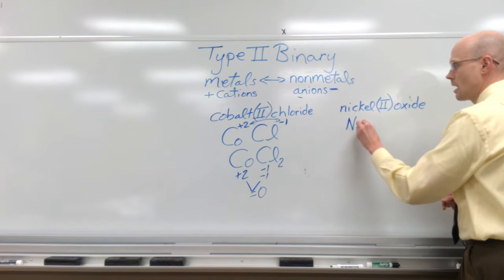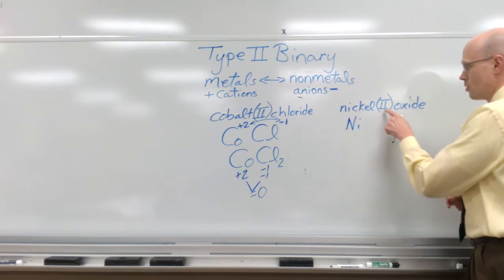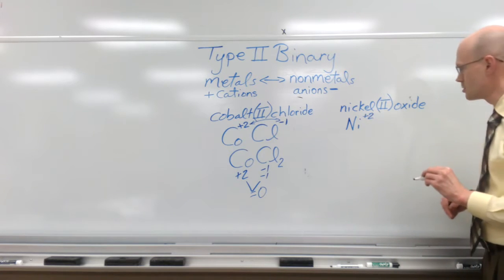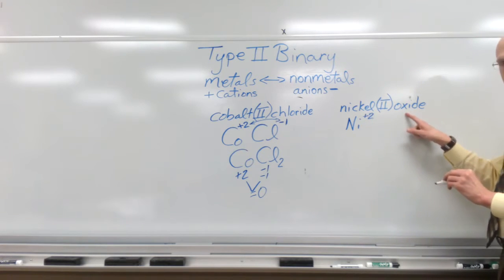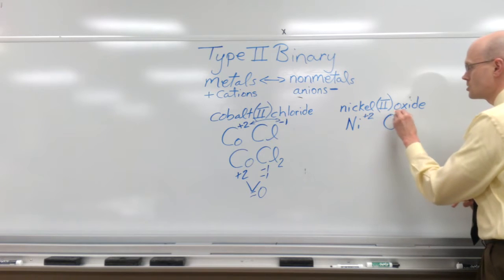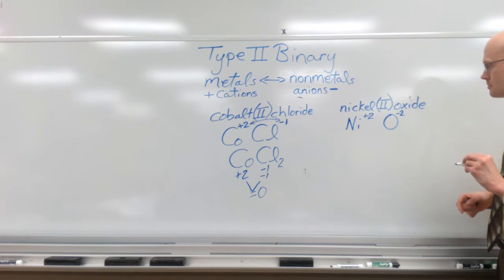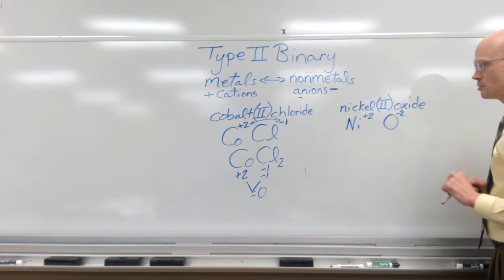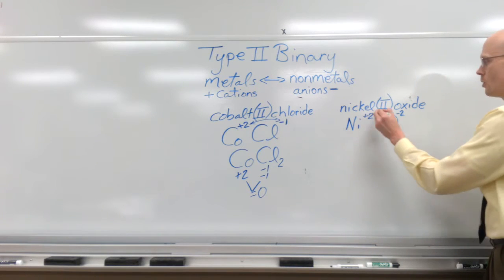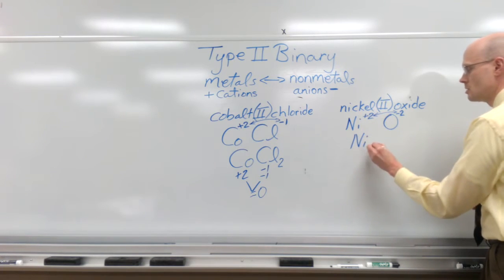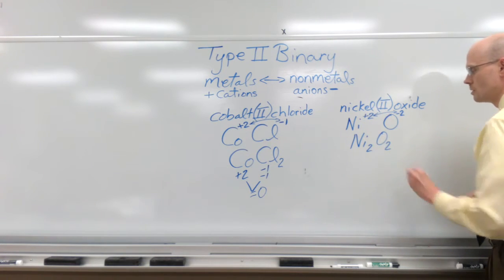Now, let's try it here with the nickel 2 oxide. Nickel is Ni. The Roman numeral is telling us that the nickel is carrying a +2 charge. Oxide ion is coming from oxygen, and oxide carries a -2 charge. So here are our two ions involved. We again do the crossing over to get Ni2O2.